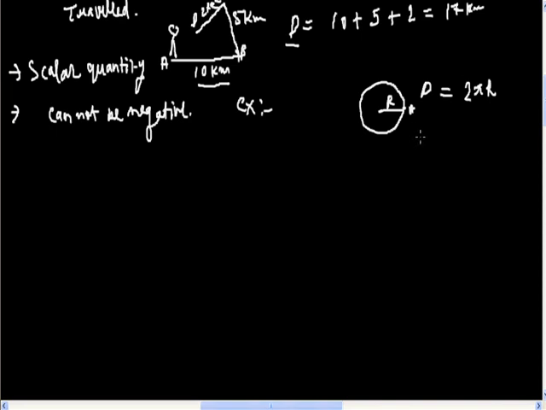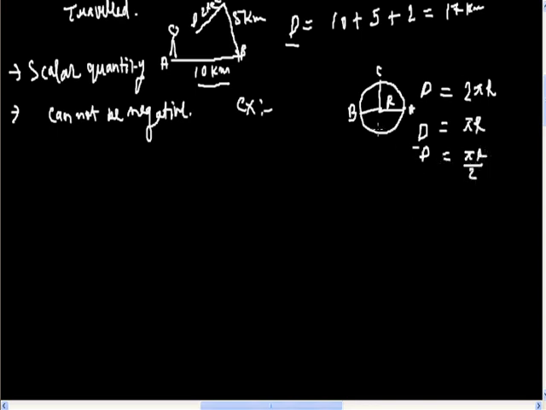Now you have to find out the distance if we move from A to B. That total distance traveled is a semicircle, half of the circumference of the circle, that is pi r. Again, if somebody asks the distance traveled by an object from A to C, that is a quarter circle, then the distance becomes pi r by 2.